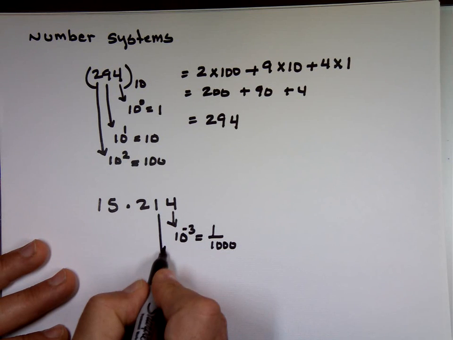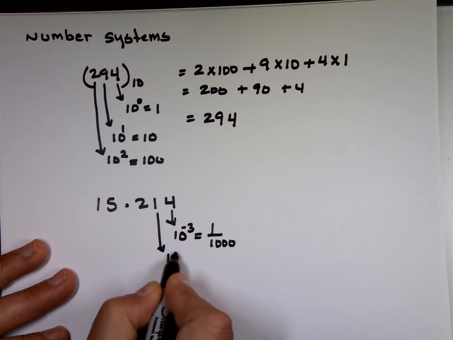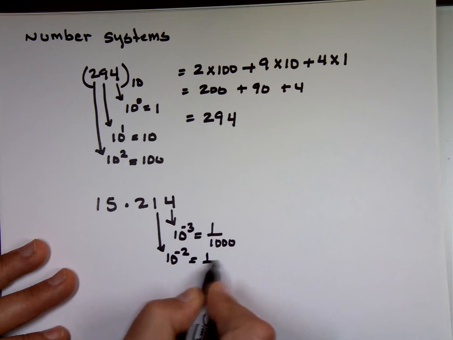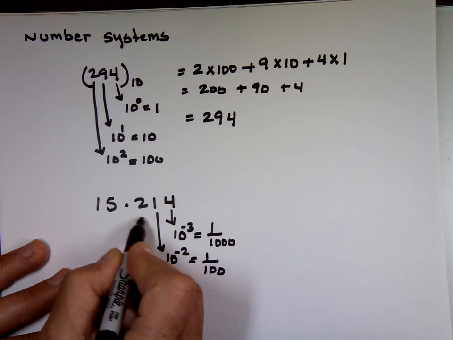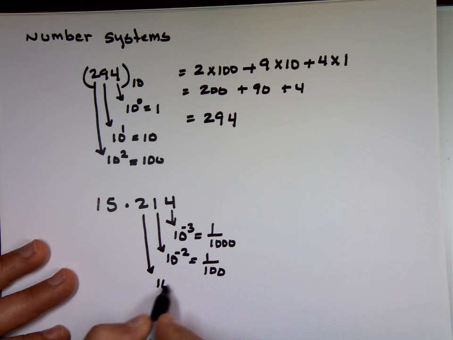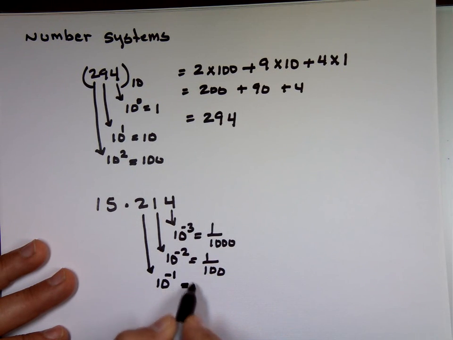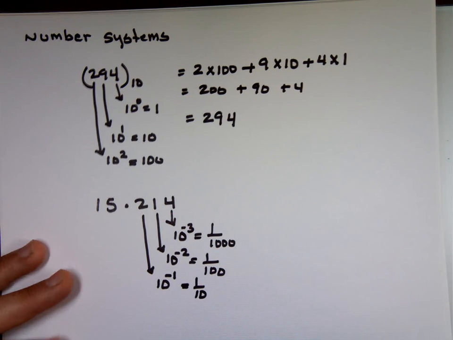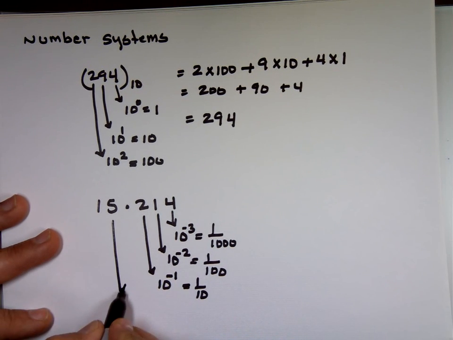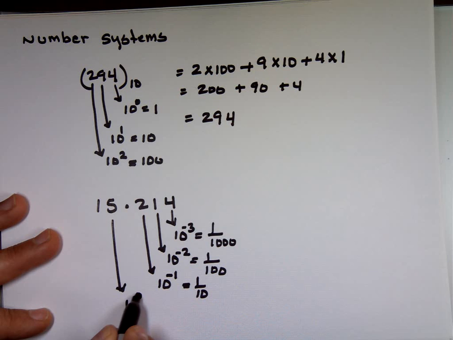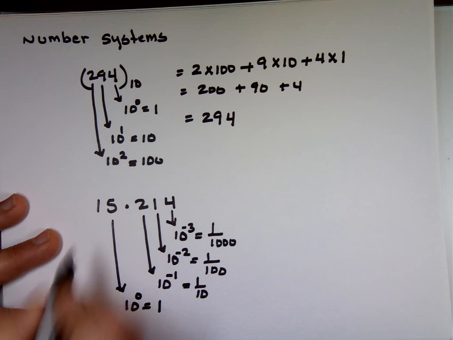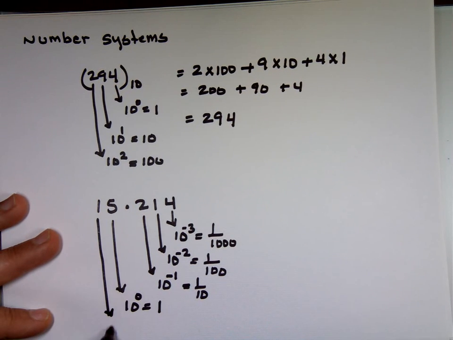The weight of this is 10 to the negative 2, which is 1 over 100. The weight of this, 10 to the minus 1, which is 1/10. The weight of this, that's 10 to the 0, which is 1. And the weight of this, 10 to the 1, which is 10.